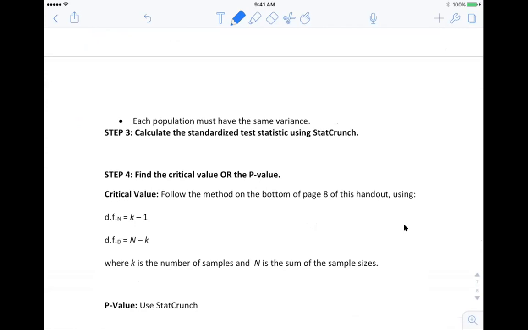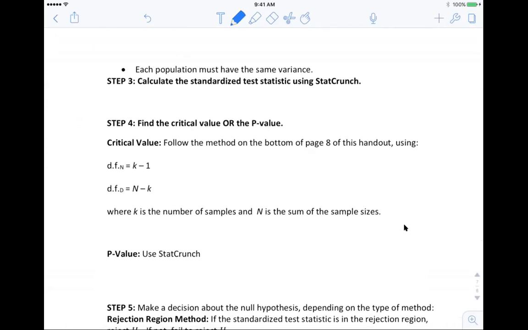Okay, so getting to the meat of the problem, finding that standardized test statistic and either the critical value or the p-value, we'll do both. That's when you're going to jump to StatCrunch or the table. So I'm going to jump to my desktop and we're going to do the StatCrunch method and then also get those critical values.